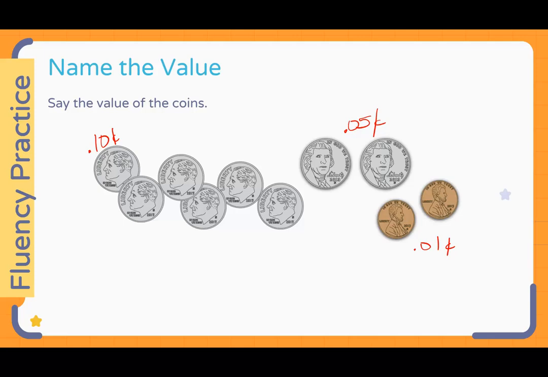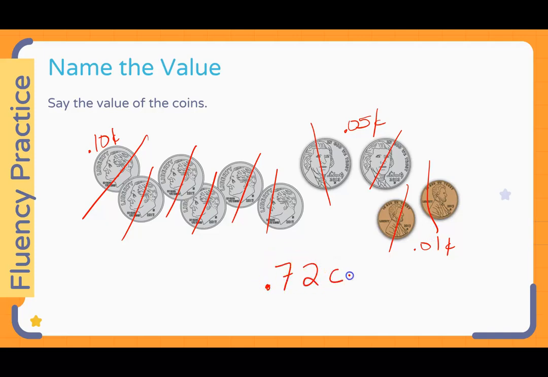Now, you can count by tens, you can count by fives, and you can count by ones. So do it. Pause it. Come back and check it. 10, 20, 30, 40, 50, 60, 65, 70, 71, 72. 72 cents.